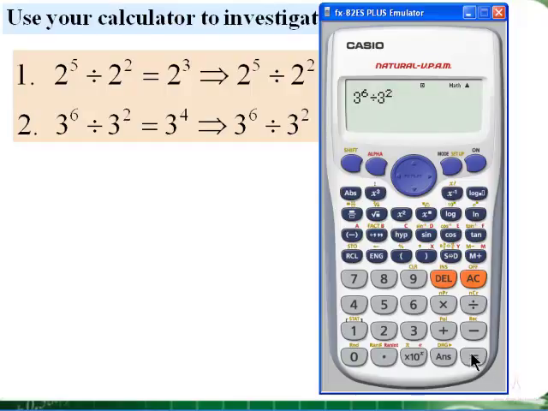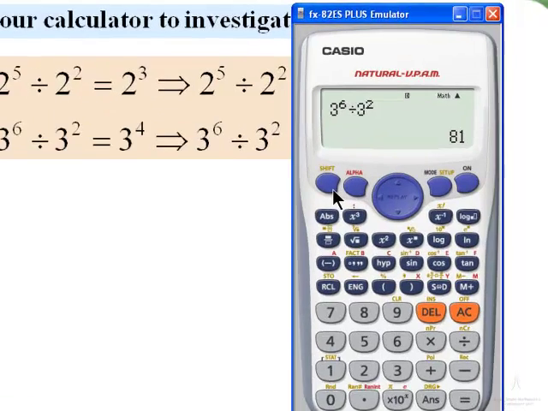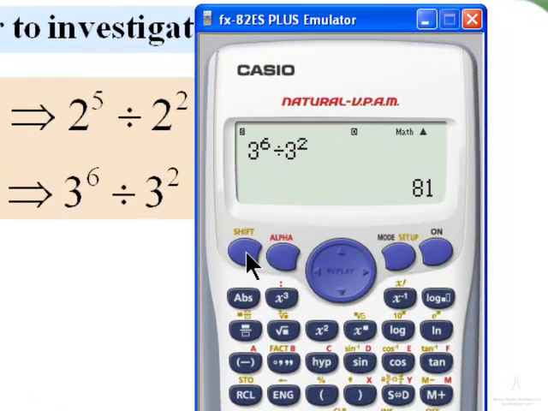If we enter this, of course we get 81, and if I write this 81 in terms of its prime basis, then we get 3 to the power 4.